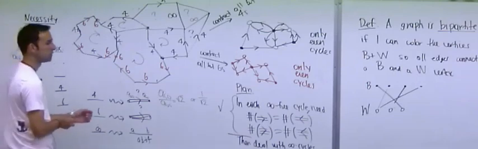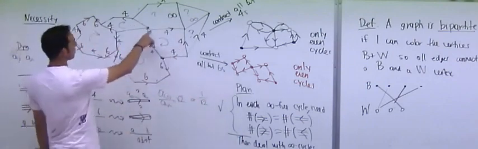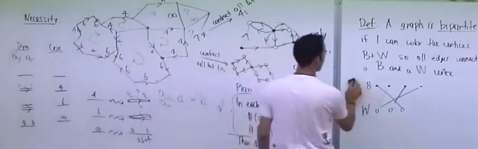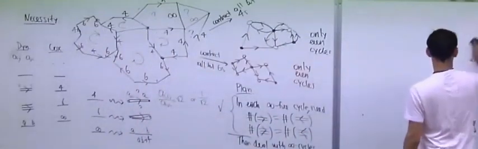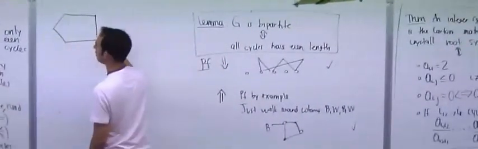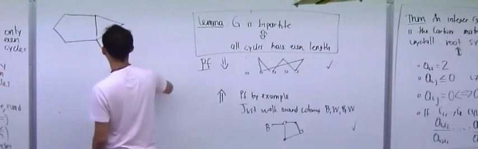Well, let's think about it. So, for example, let me just draw that part of the graph over here. It looks like this. So these are the cycles that I'm not sure about yet.